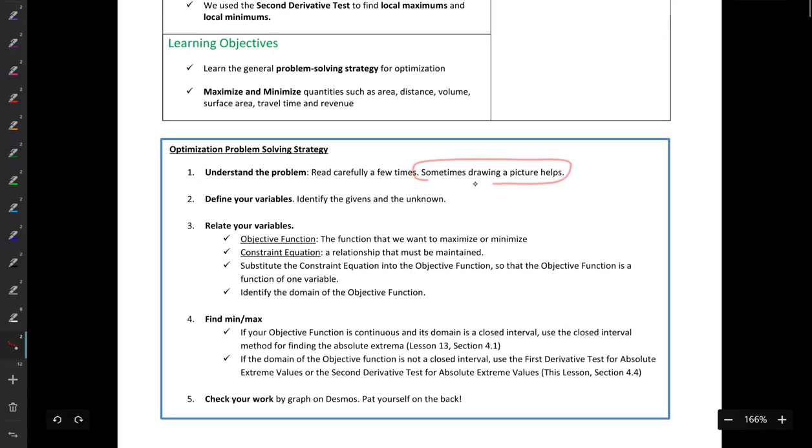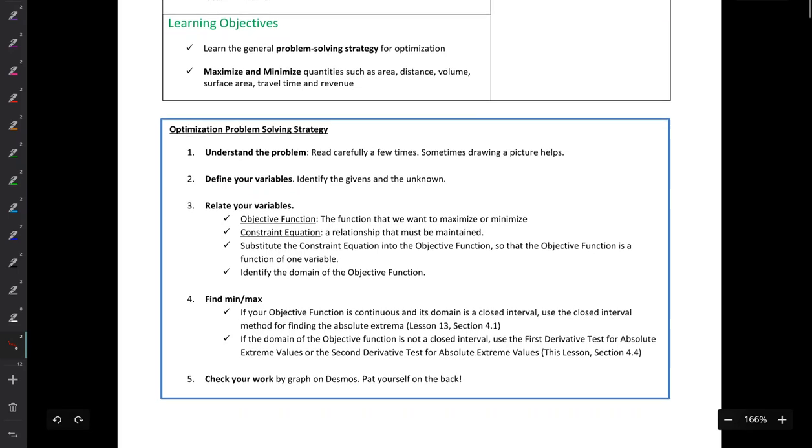And sometimes if the problem is geometric, it's often helpful to draw a picture. Then once you've identified your givens and unknowns, you need to introduce some notation. You need to let X be the length of fencing or whatever, right? You need to introduce some letters to represent quantities.